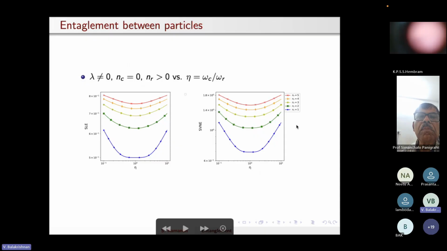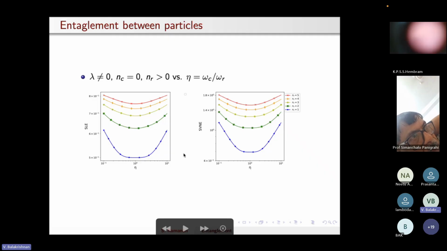This we could numerically calculate for lambda not equal to 0 and NR not equal to 0. The analytic solution was for when NR was also equal to 0, but in general, when NR is not equal to 0, you see the same features: as a function of eta, you need to localize the center of mass oscillator, as well as, of course, the relative oscillator, because these are two coupled oscillators.